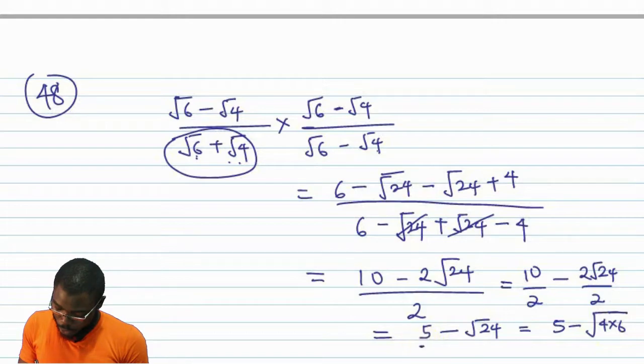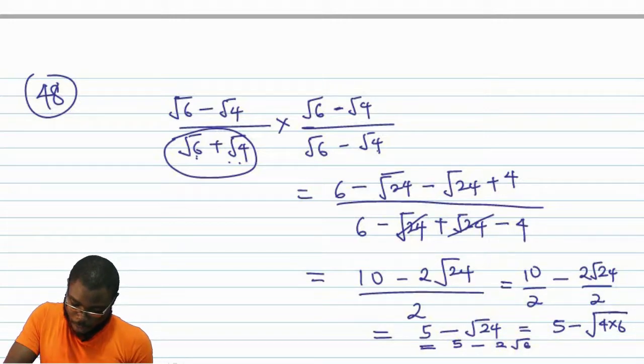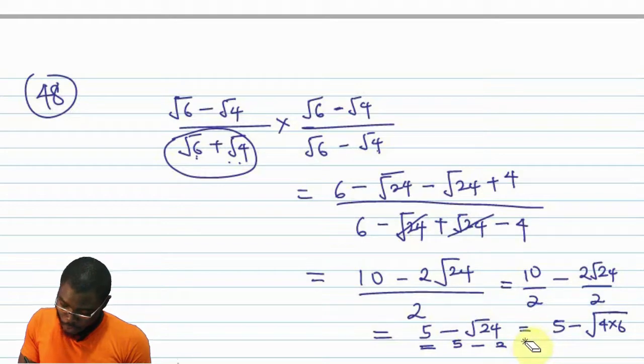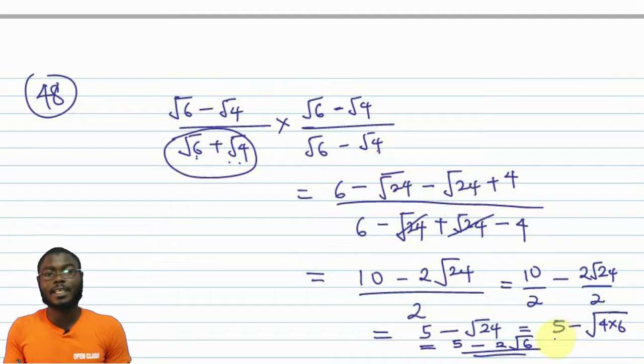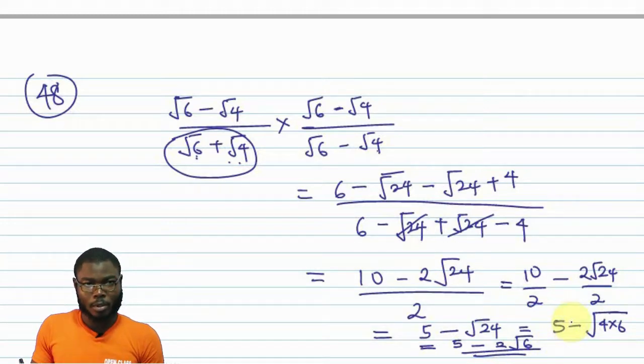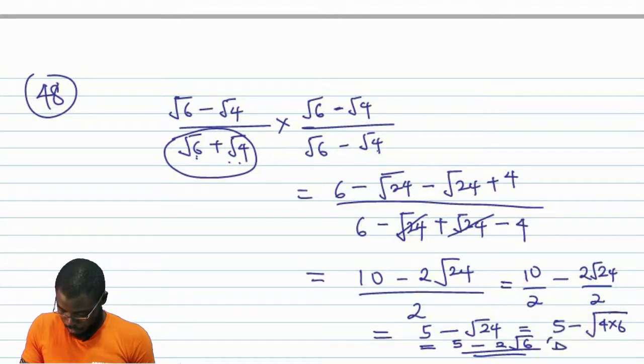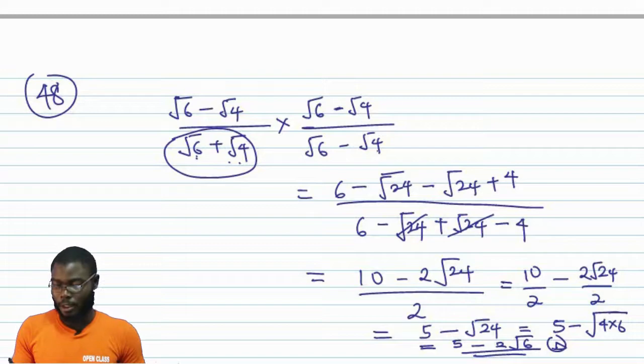And this is equal to 5 minus root 4, which is 2, and then root 6 doesn't have a square root, so you have root 6. So let me make that a bit legible. So that's our answer: 5 minus 2 root 6. If you look at your options, you have D as your answer.